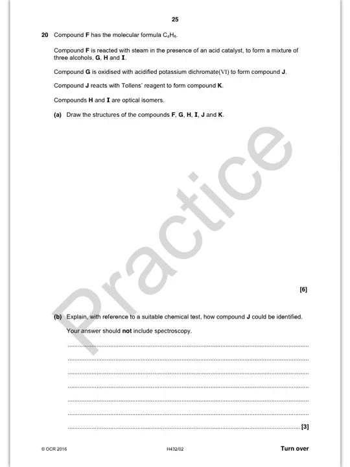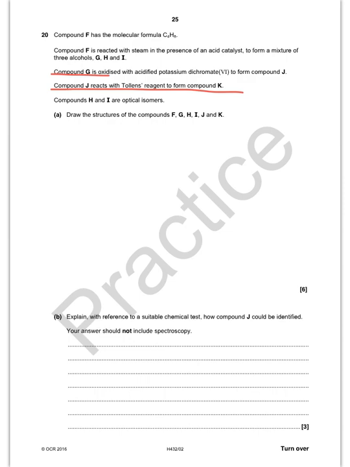Alcohol G is reacted with acidified potassium dichromate to form J, and J reacts with Tollens' reagent to form K. So first of all, J must be an aldehyde from that information, which means that compound G is going to be a primary alcohol.